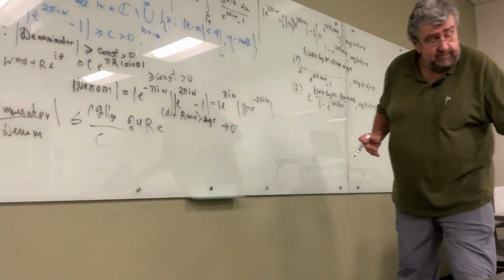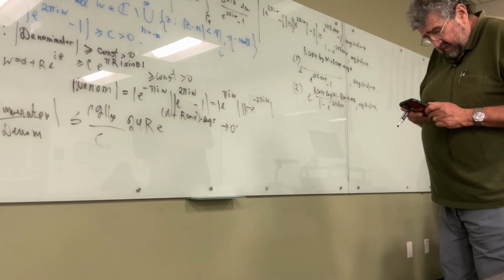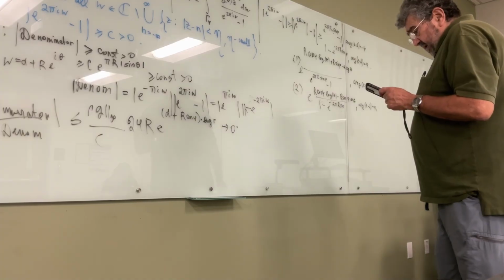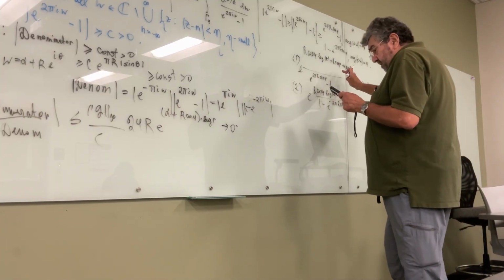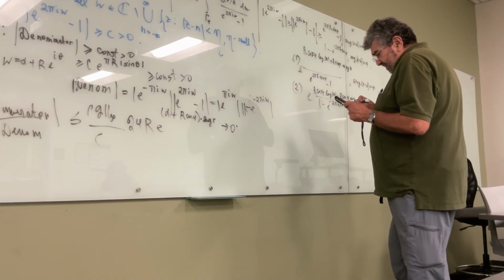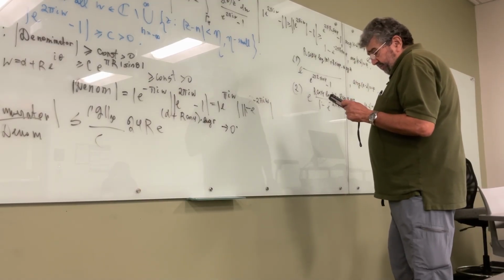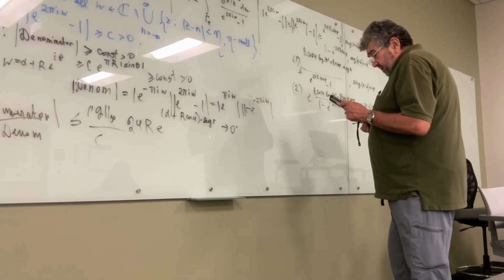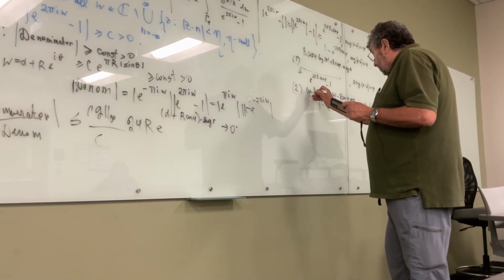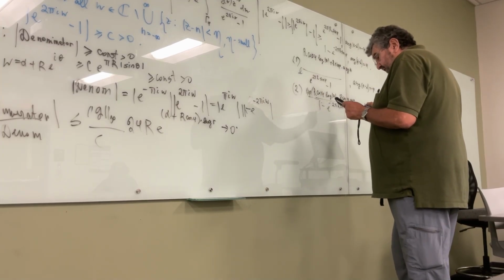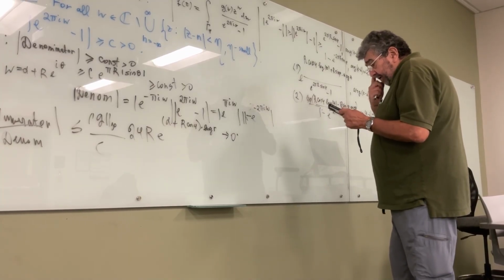For some reason, I'm writing it wrong. It's plus times argument, and correct. And the second one is the exponential of this, r cosine sine phi argument of z, and divided by this. Now it's correct.